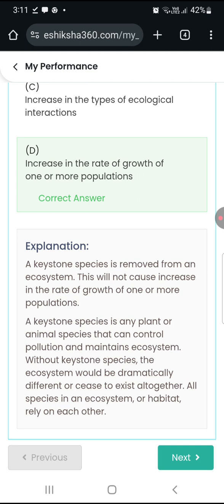A keystone species is any plant or animal species that can control population and maintain the ecosystem. Without keystone species, the ecosystem will be dramatically different or cease to exist altogether. All species in an ecosystem or habitat rely on each other.